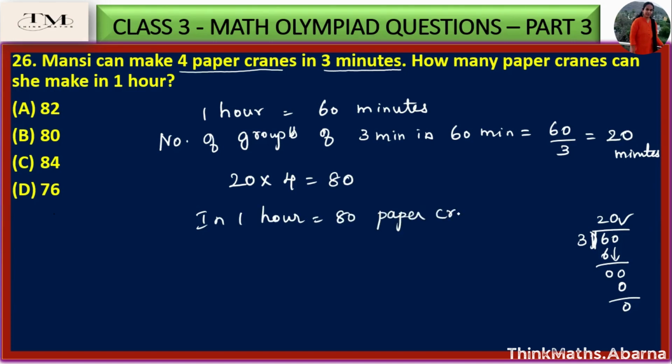Okay, children? As she makes 4 paper cranes in 3 minutes, 60 minutes can be grouped into 20. So 20 into 4 is 80 paper cranes.